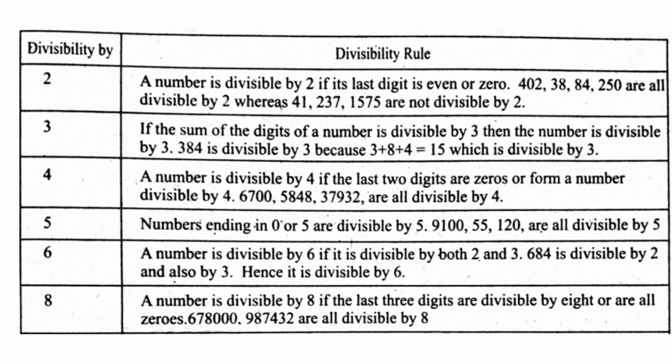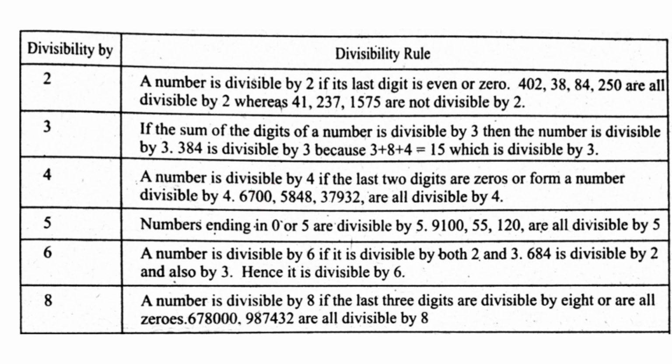Now the next is divisibility by 4. In this case, for 4, we have to check two conditions. The first is that the last two digits of the number should be 0.